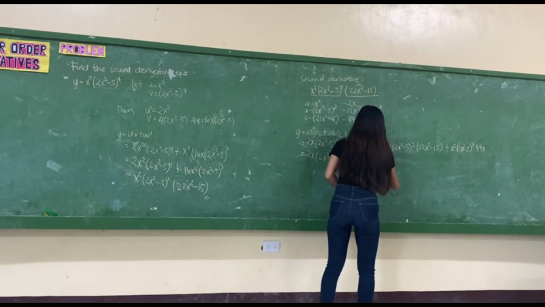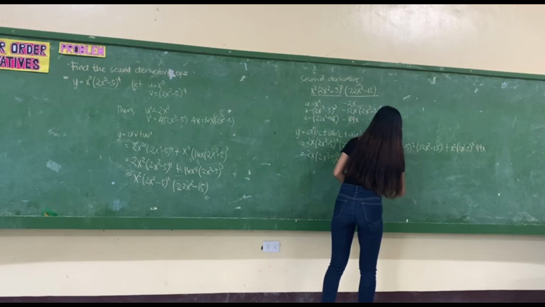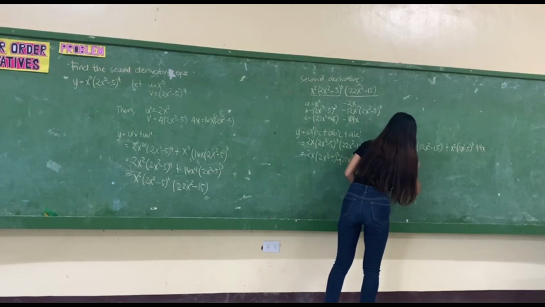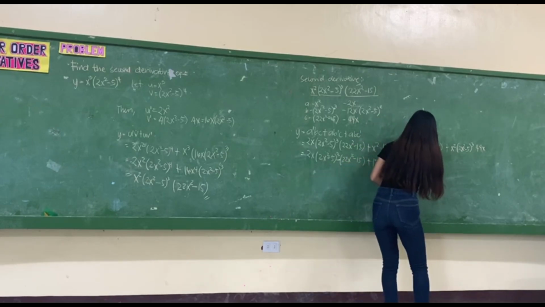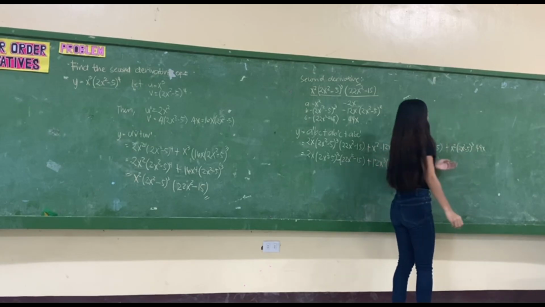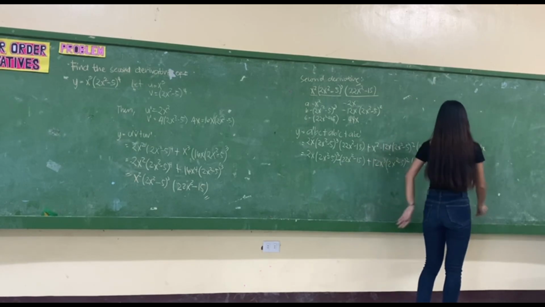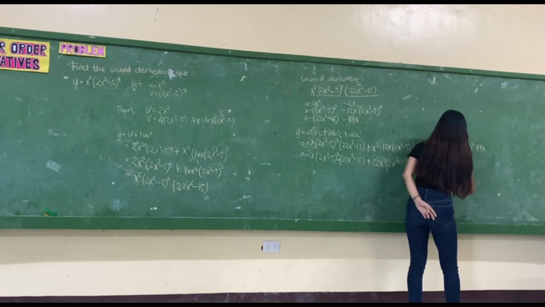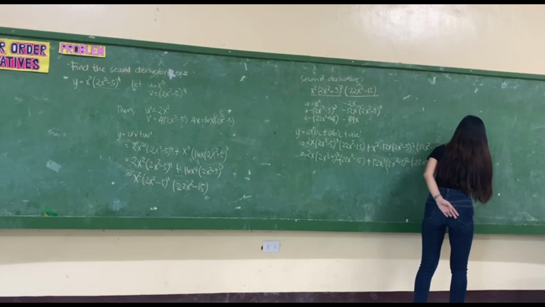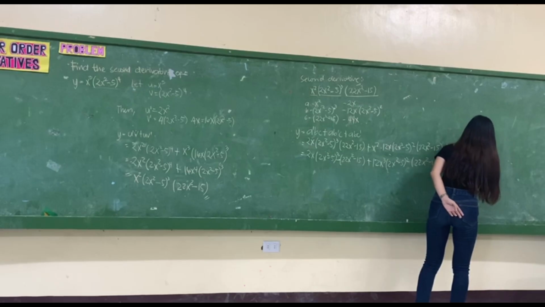We have 12x cubed (2x squared minus 5) squared times (22x squared minus 15). And also multiply this x squared by 44x. So we have 44x cubed times (2x squared minus 5).